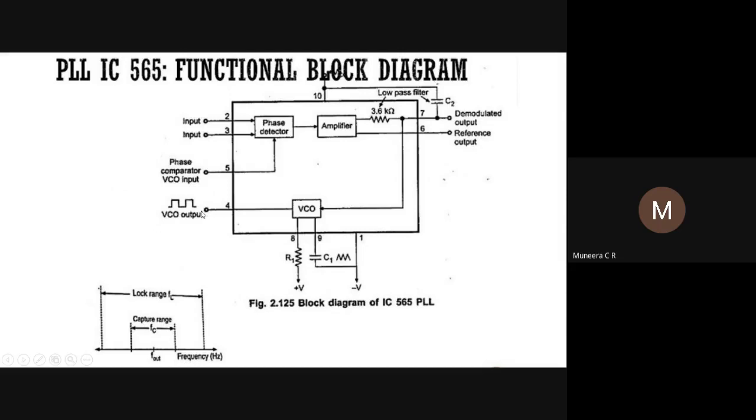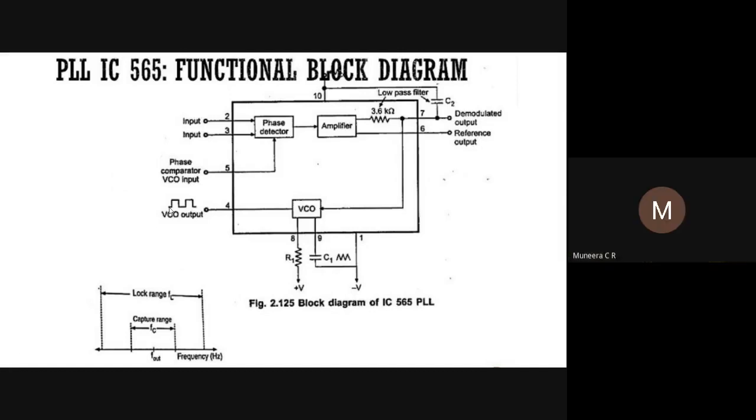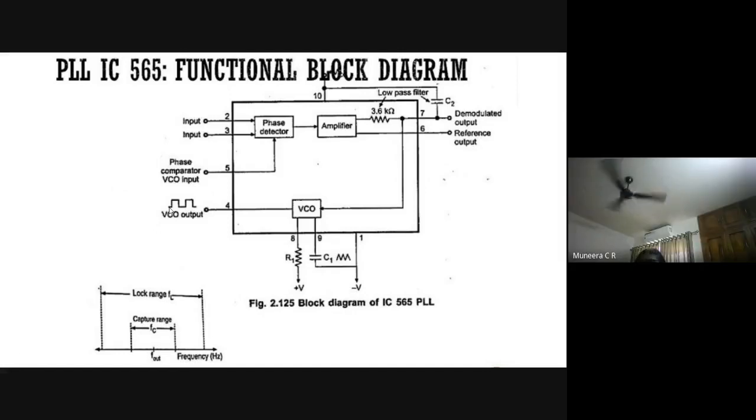And the output of the VCO is a square wave, unlike a sine wave. So what is the difference between a square wave and a sine wave? A 1 kilohertz sine wave consists of a pure sine wave, while a 1 kilohertz square wave consists of a 1 kilohertz fundamental sine wave as well as its higher harmonics.